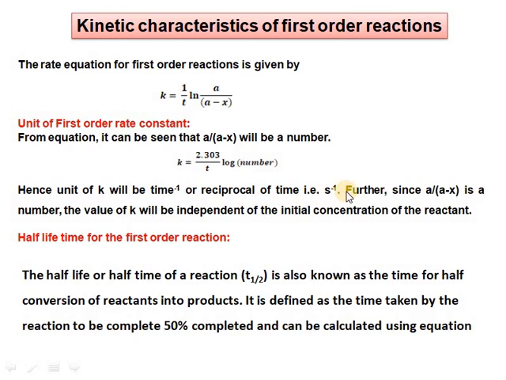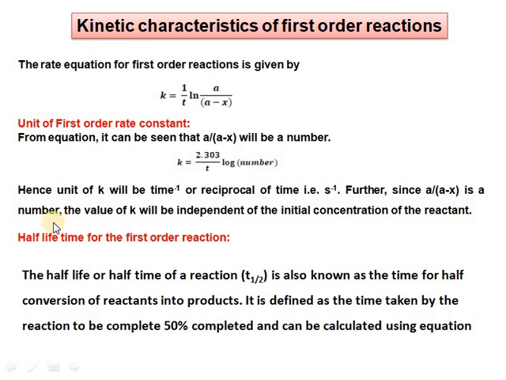So per second is the unit of the first order rate constant. Since a upon (a minus x) is a number, the value of k is independent of the initial concentration of the reactant.